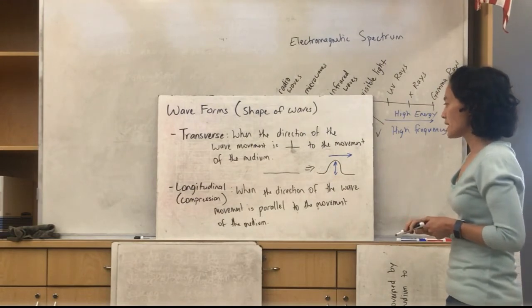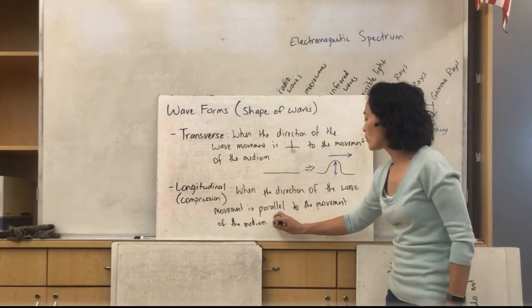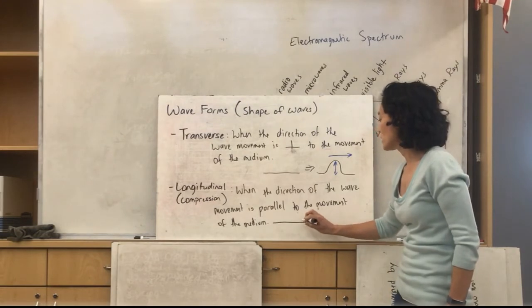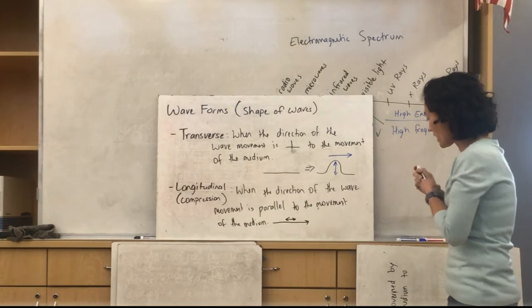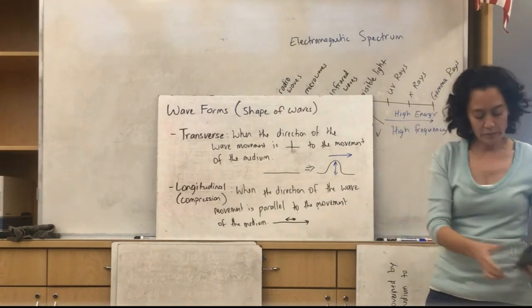So in this case, it's as if like if my wave is going in this direction, my medium also has to move in that direction. And so that's a little easier for me to model here by myself.